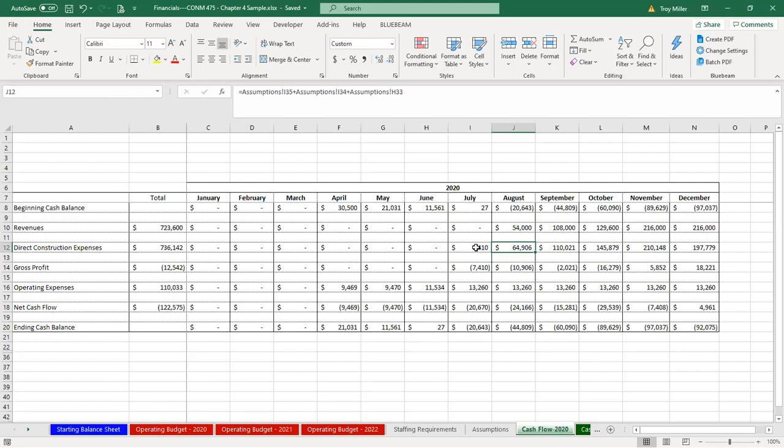Now, this is a real important thing in cash flow, because before I added that, you would see my ending cash balance just growing exponentially. And the reason it was growing exponentially came down to the fact that I was only recognizing that I was paying the subcontractor before I actually got paid by the owner. Remember, in commercial construction, with the terms of our contracts with our subcontractors, we are not paying our subcontractors until we get paid as the general contractor.